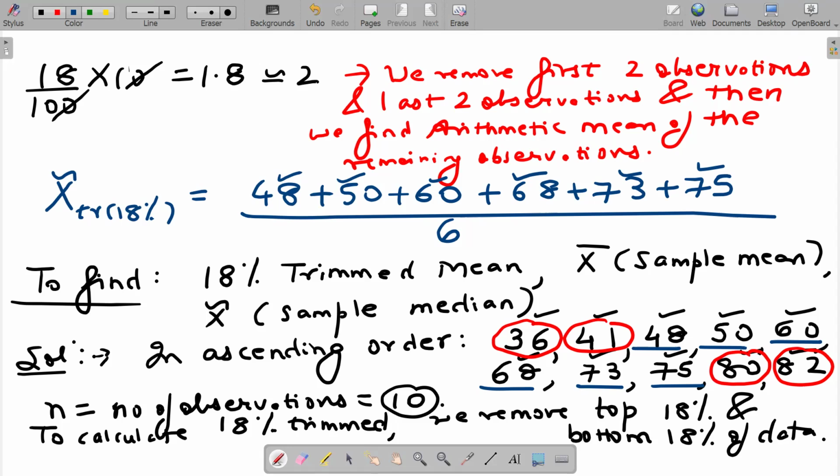Okay, so if you try and work this out, let us see what we get.